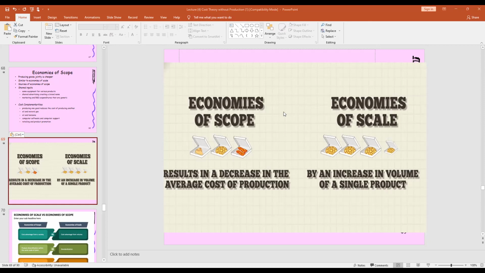An example for economies of scope: Edinburgh products. What is the Edinburgh product? They produce sauces, jam. The brand is Edinburgh.